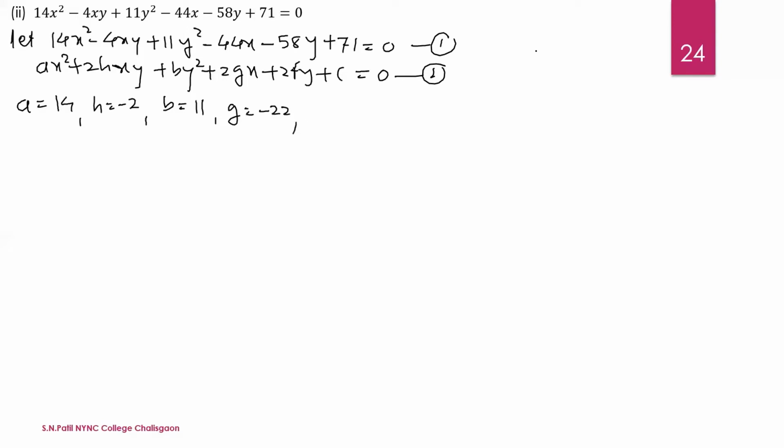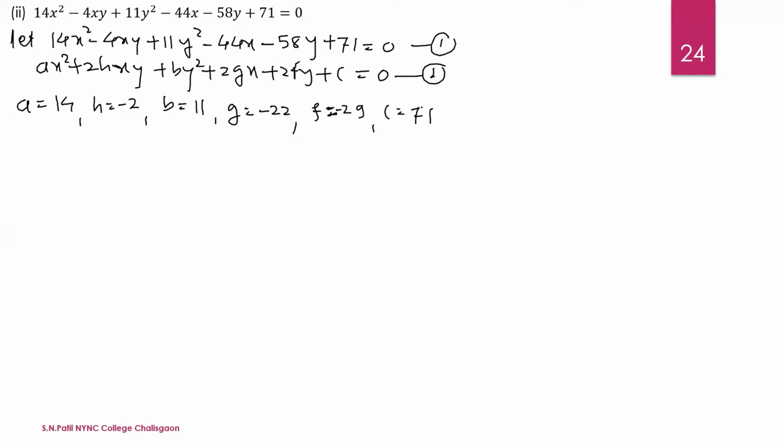Twice f is equal to minus 58, then f is equal to minus 29. Okay, and c is equal to 71.